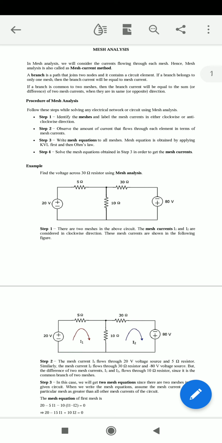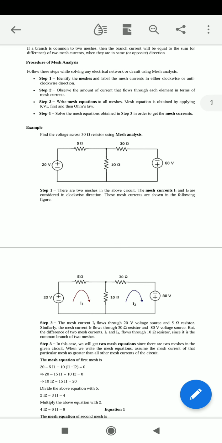Okay. Example: find the voltage across the 30 ohm resistor using mesh analysis. Here in this problem, the current direction is not mentioned. If the current direction is not given in the problem, we can choose the current direction.